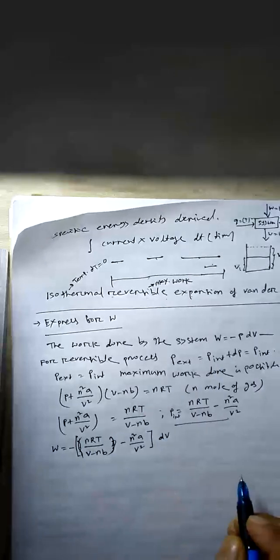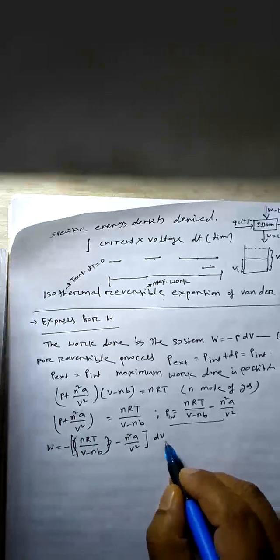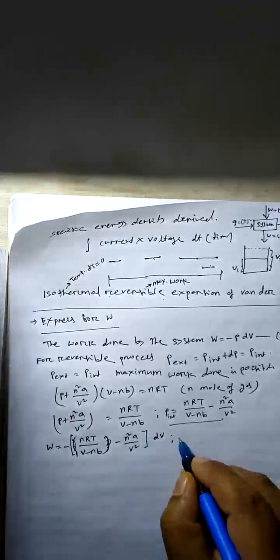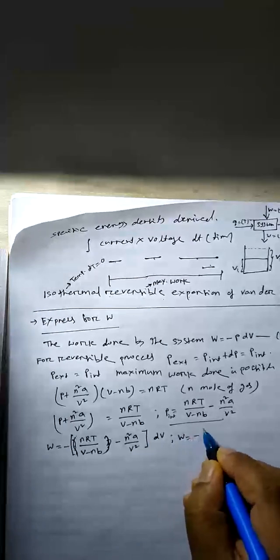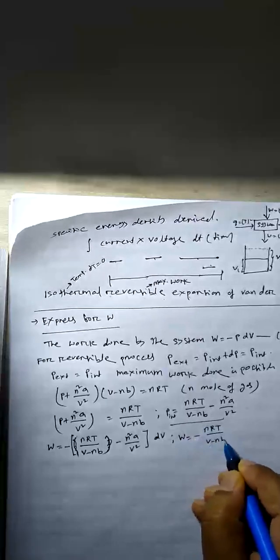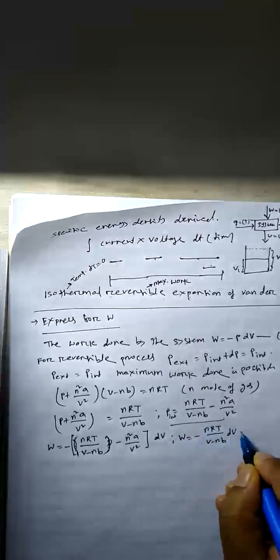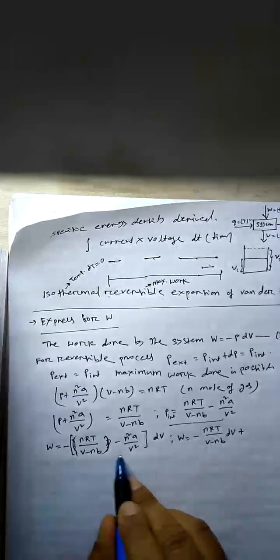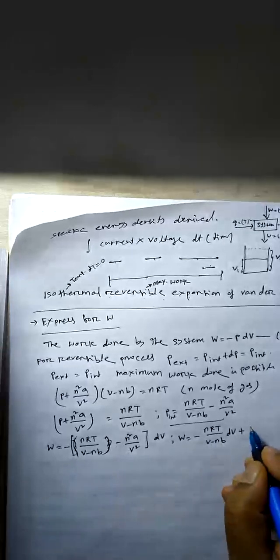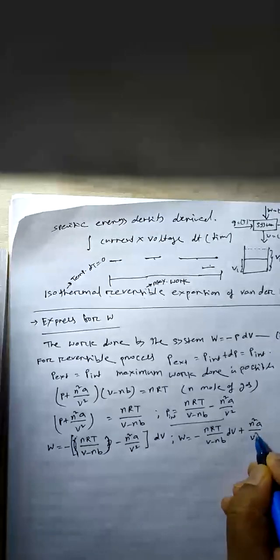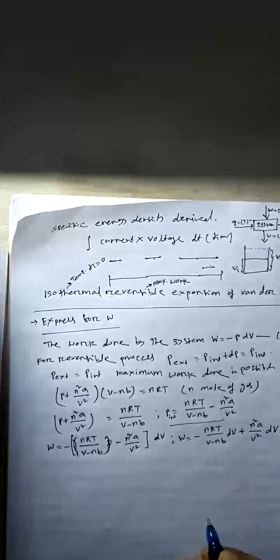Now you have to remove this square bracket. What we get, now W is equal to minus nRT by V minus nB dV, minus plus, is equal to n square A by V square dV.